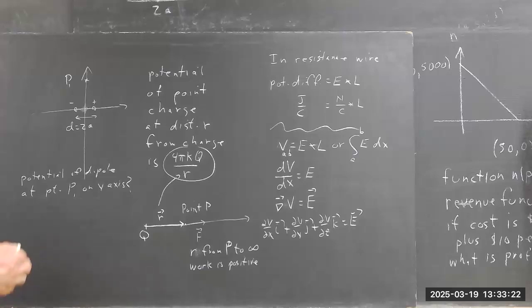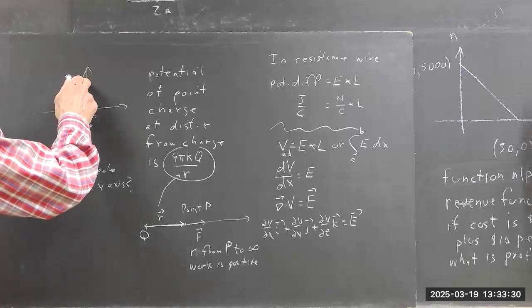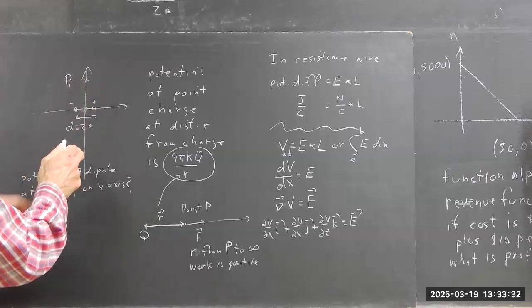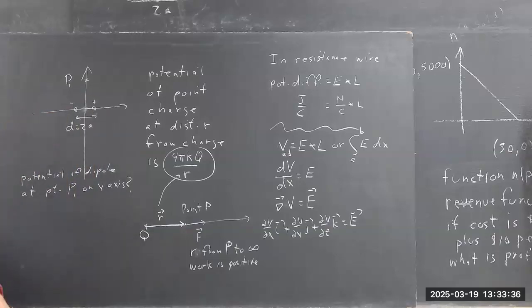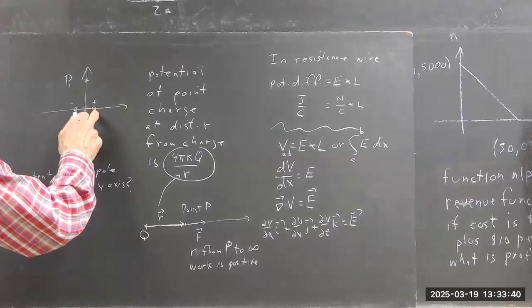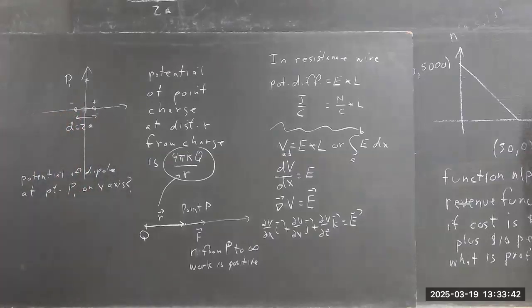So what can you tell me about the potential at this point? Well, you get to add the potential due to this charge to the potential due to this charge, right? How does the potential due to this charge compare to the potential due to this charge?